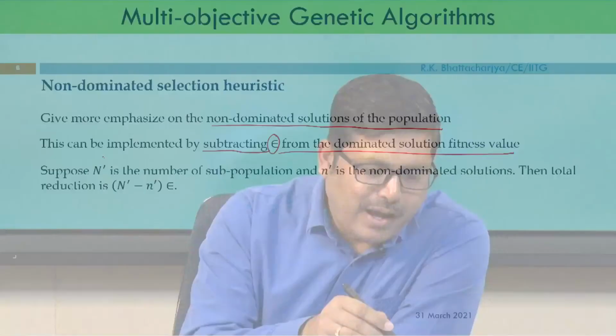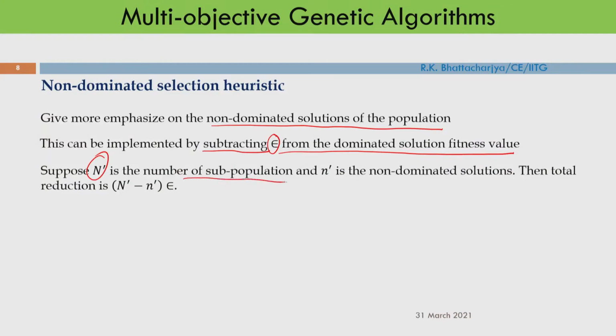I am reducing the fitness value by epsilon from the dominated solutions and then this fitness is added equally to the non-dominated solutions. Suppose capital N dash is the number of solutions in the subpopulation and small n dash is the number of non-dominated solutions. Then the total number of dominated solutions is N dash minus small n dash, and therefore the total reduction is (N dash minus small n dash) times epsilon.